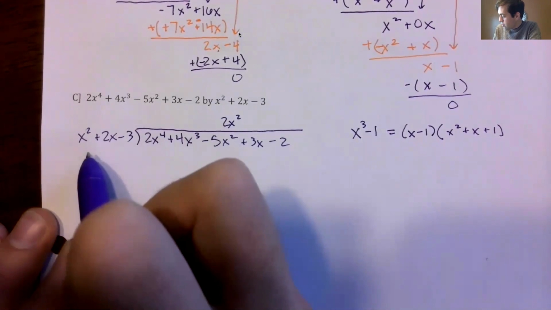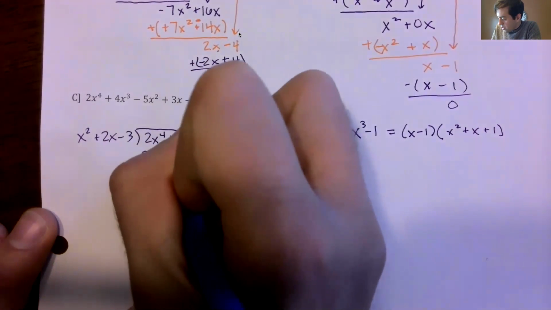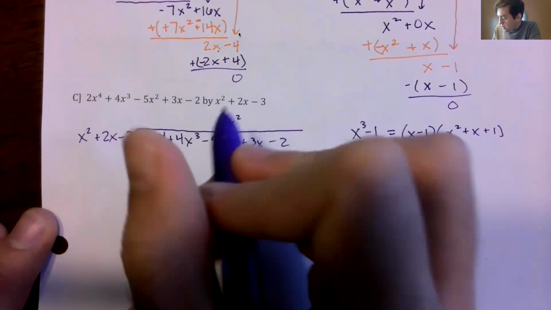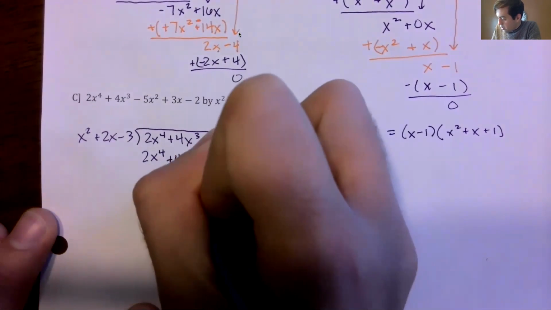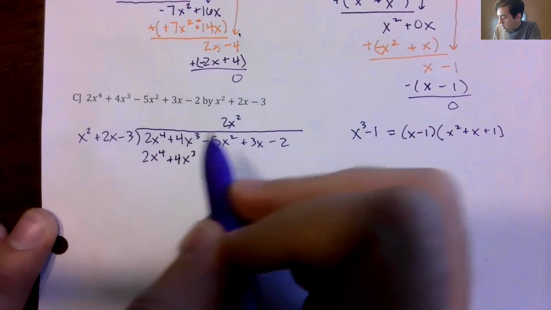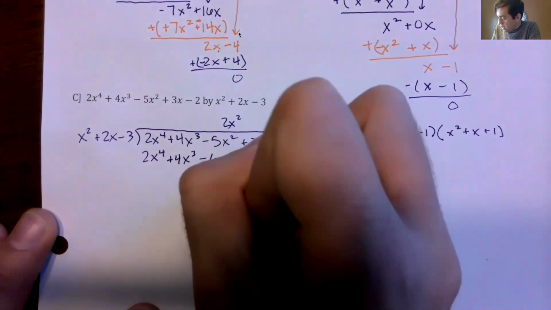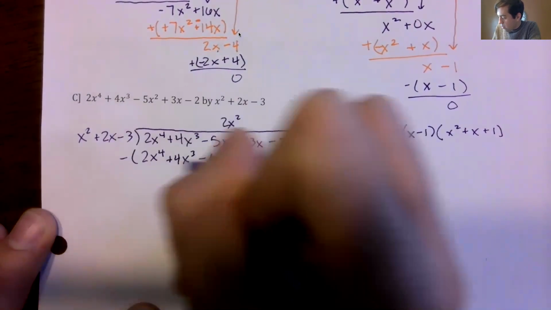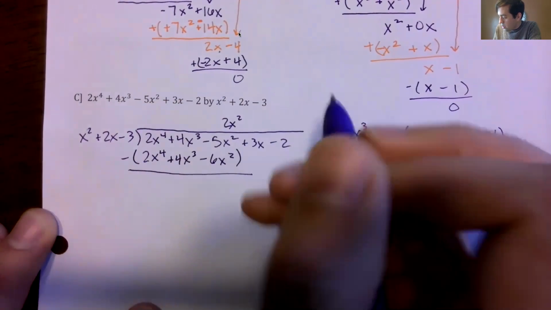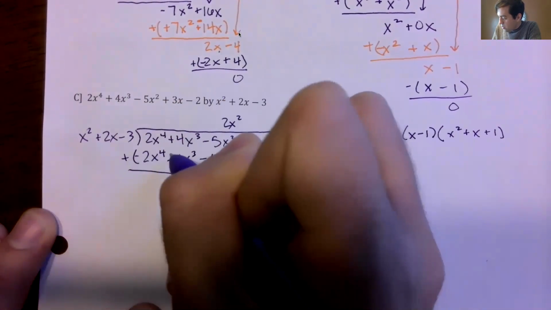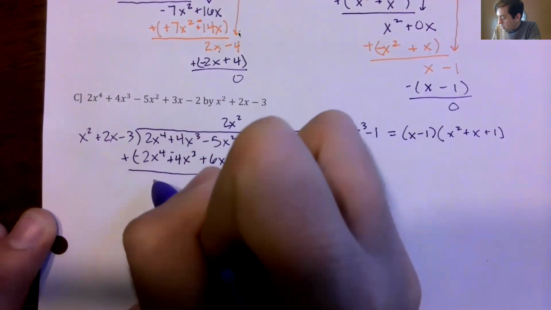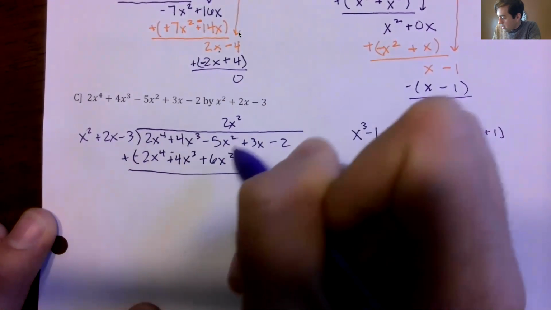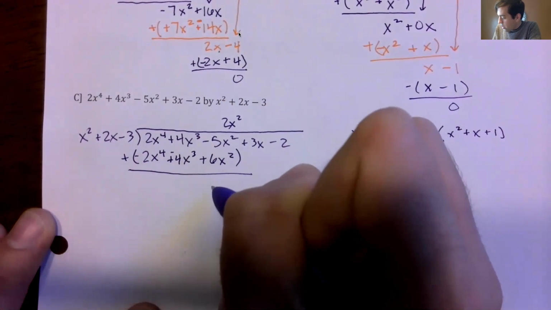So 2x squared times x squared is 2x to the fourth. 2x squared times 2x is 4x cubed. 2x squared times negative 3 is going to be negative 6x squared. I want to subtract all of this. So I'm going to distribute the negative, and we'll get nothing, nothing, and 1x squared.